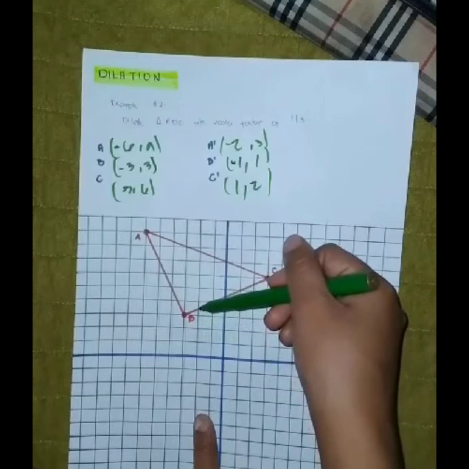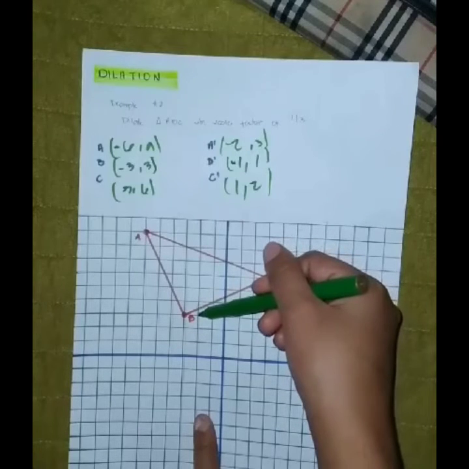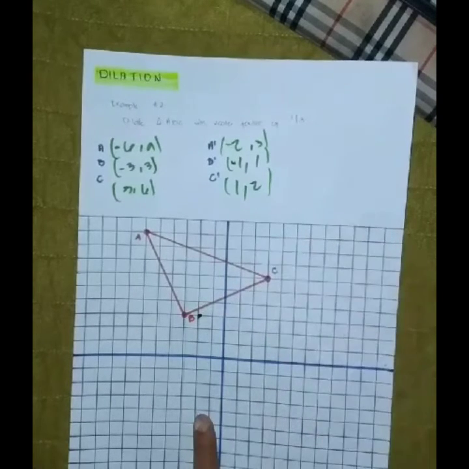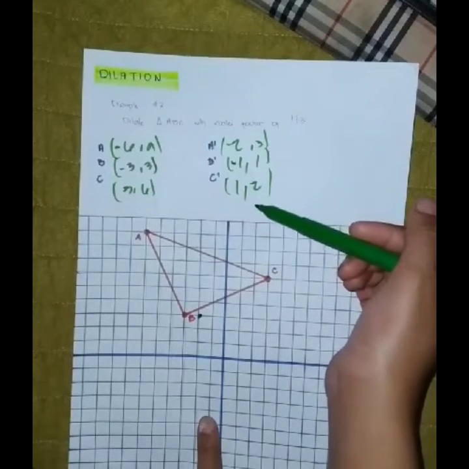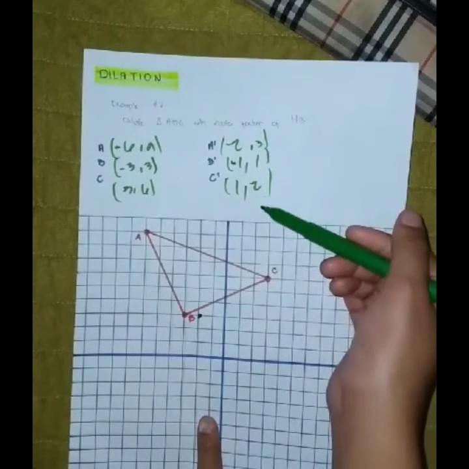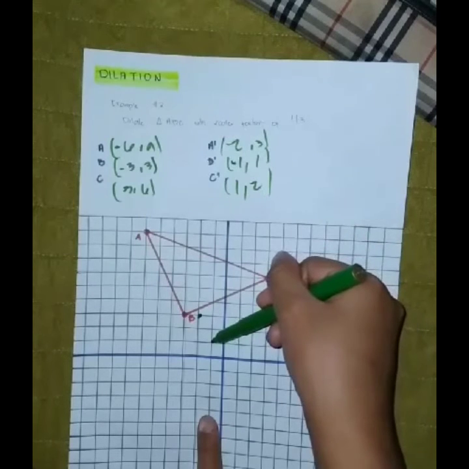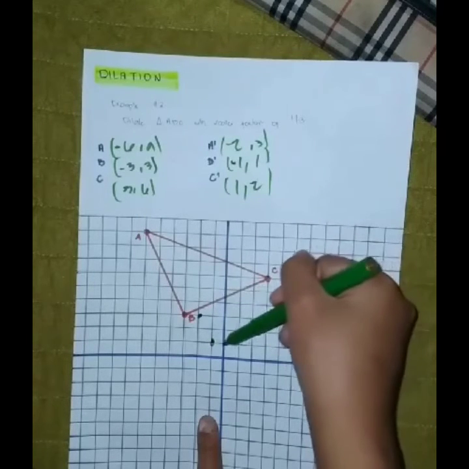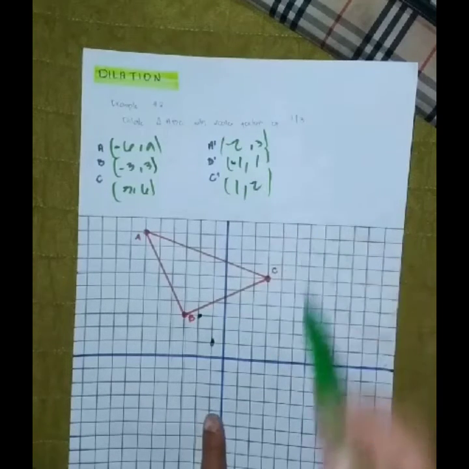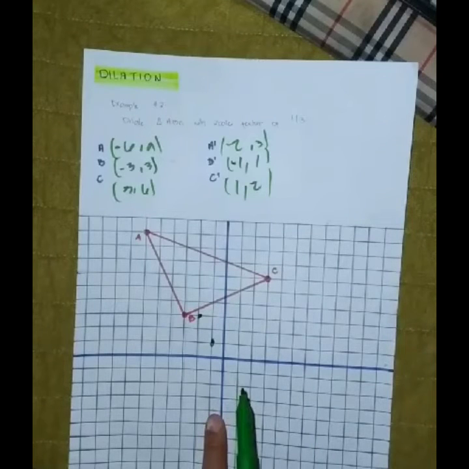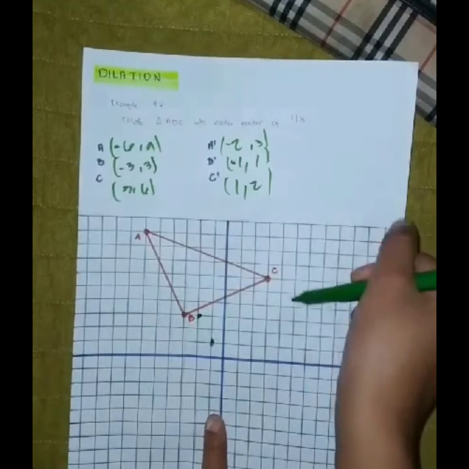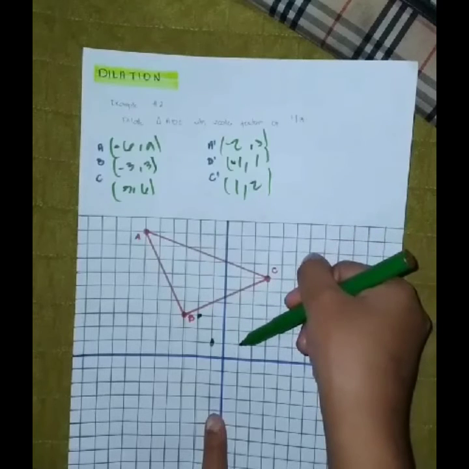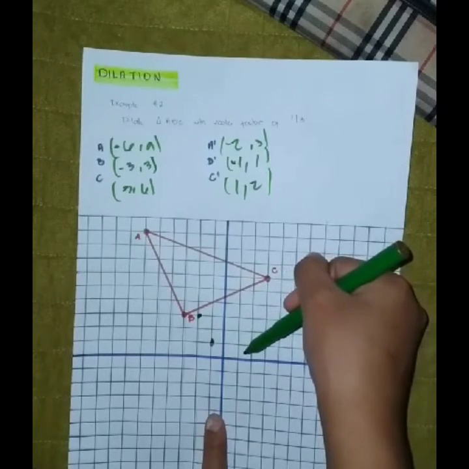So we put a dot for A prime. And then for B prime, since it is negative 1, here, 1 and 1. And then for C prime, 1 and then 2. It is positive.